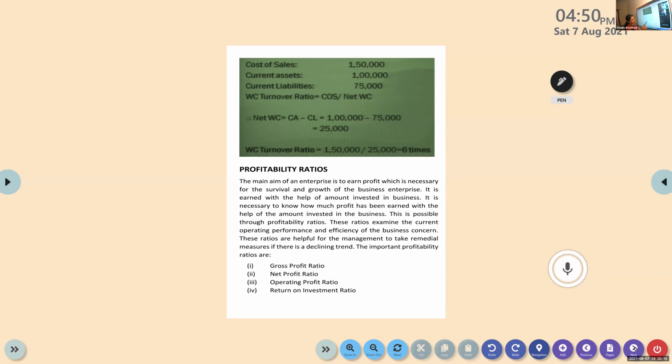And you can find so many ratios in your textbook. Please open your textbook and read out the ratios given in the textbook. Profitability ratio, take it out. Yes, Aparna, please read the ratios given in the textbook.